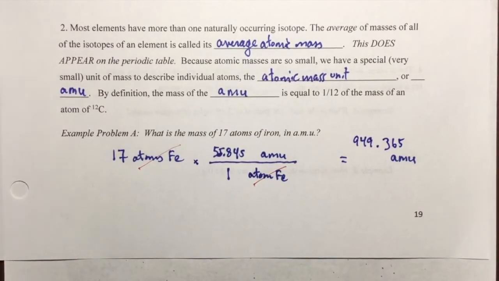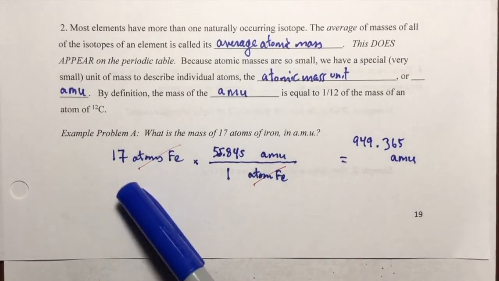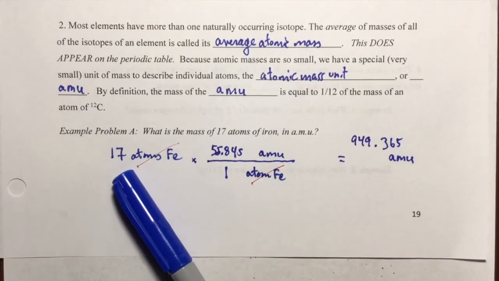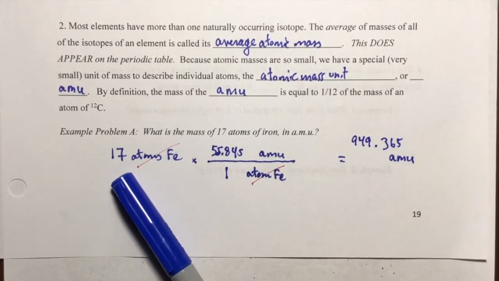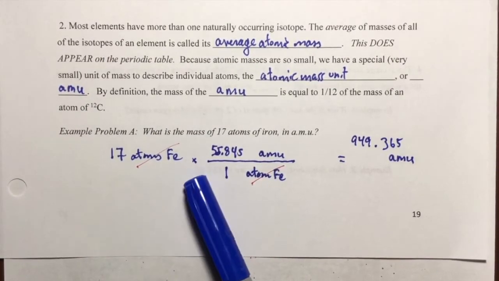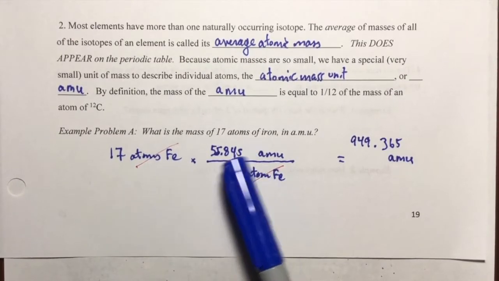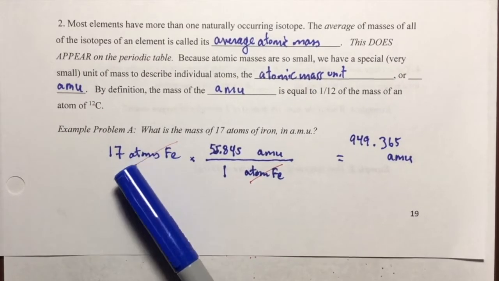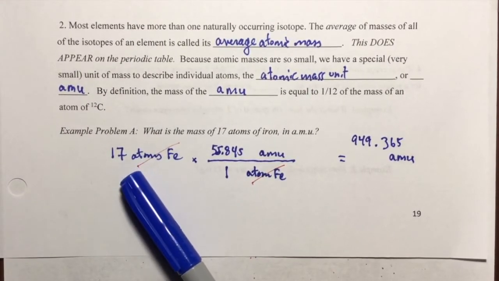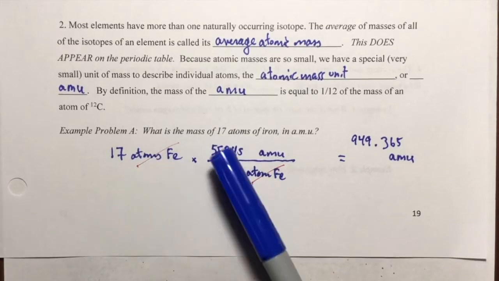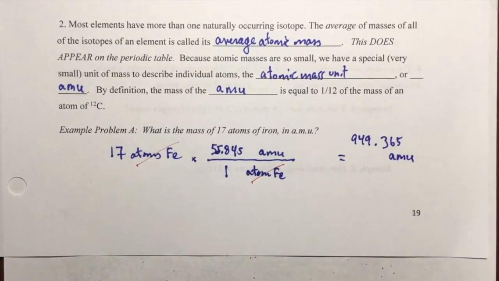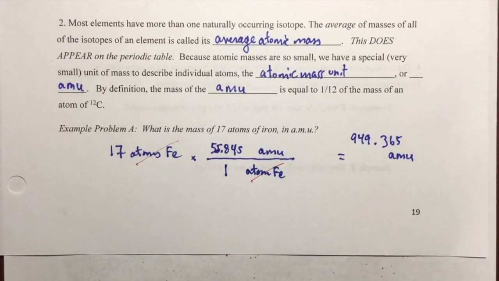So before we move on, I have to think about my significant figures. If I have assumed that I have counted these 17 atoms as discrete individual objects, that is an exact number. It does not limit me. In multiplication, I'm limited by the fewest number of significant digits. That's exact though, so it's considered to have an infinite number of significant digits. So the number that limits me is this 55.845. There are 5 sig figs in that number.